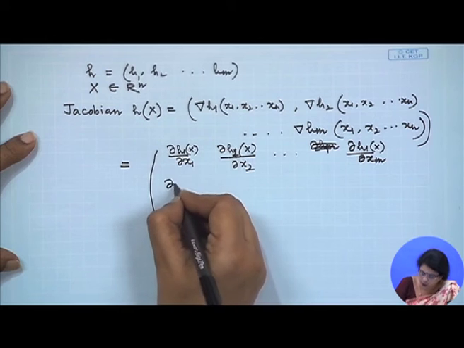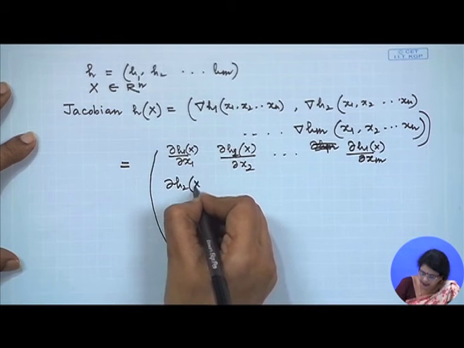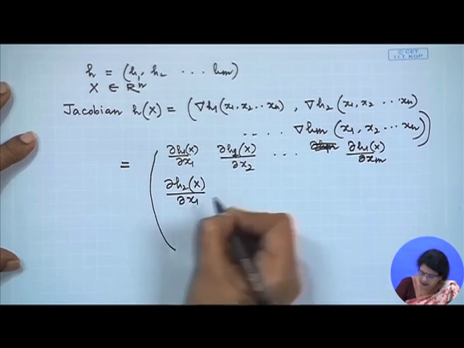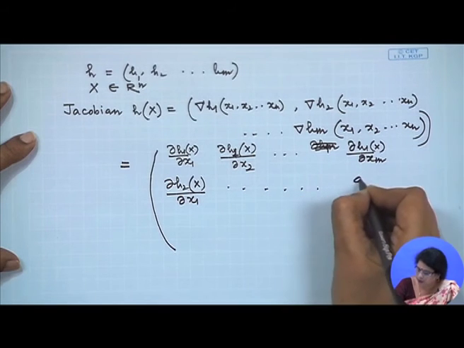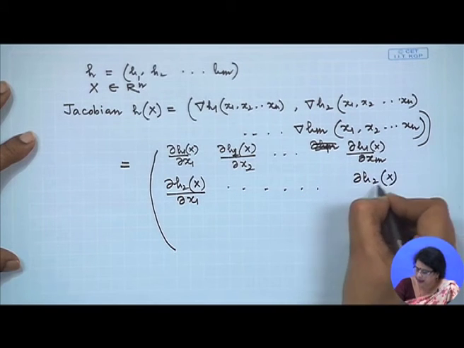The second row is del H2 by del x1, and this way we go up to del H2 by del xn.